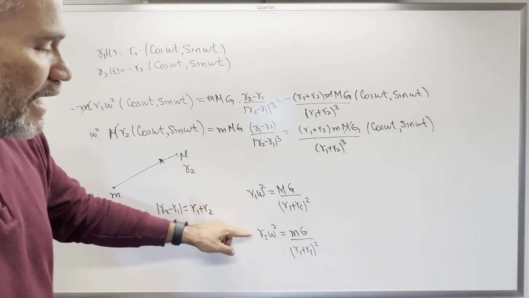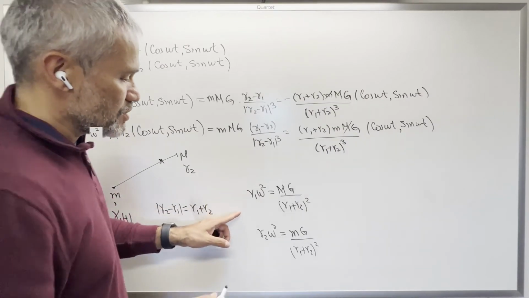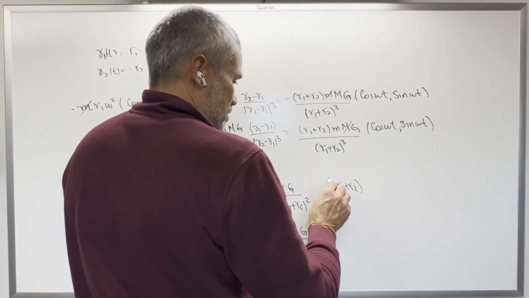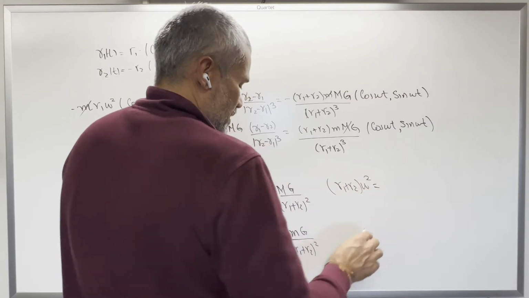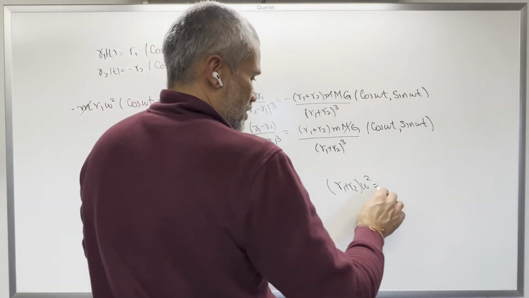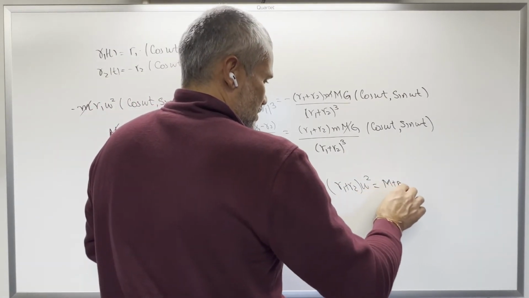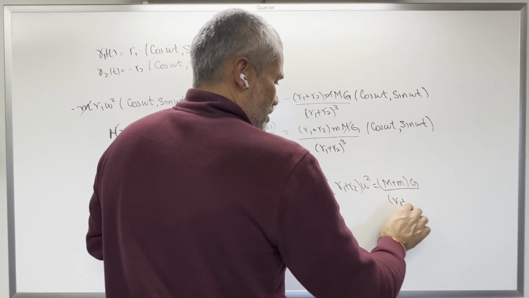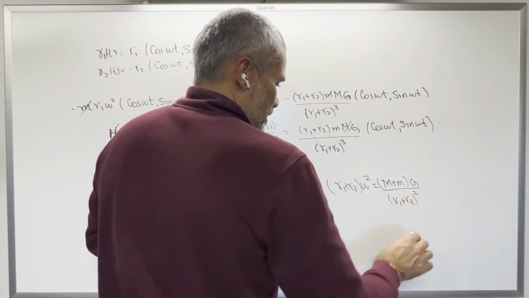If we add these two equations, we get that r1 plus r2 times omega squared is equal to the mass times M times G over r1 plus r2 squared.